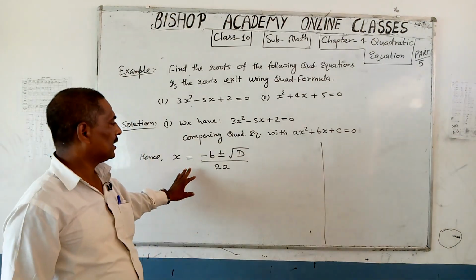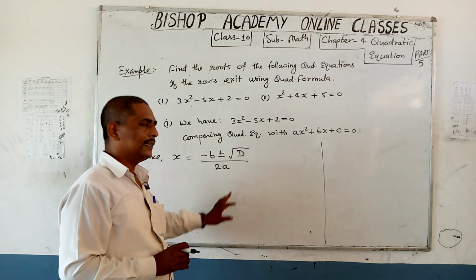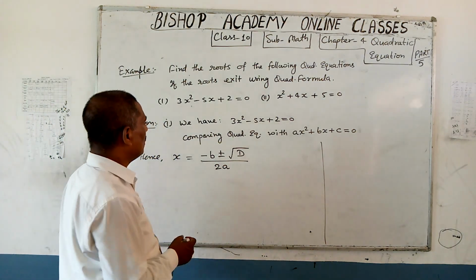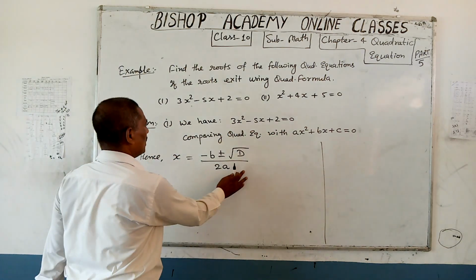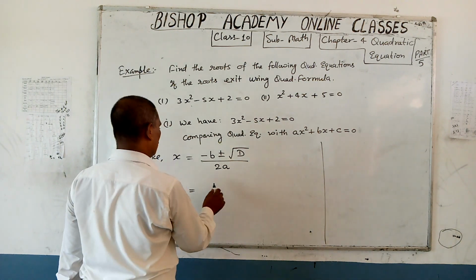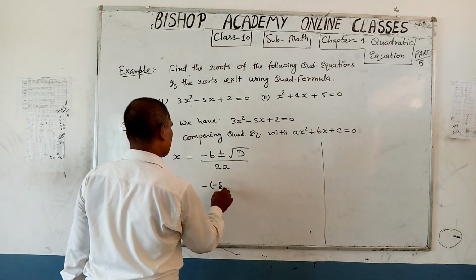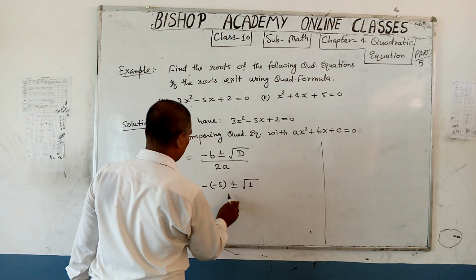Let us see, using the quadratic formula, x is equal to minus b plus minus under root discriminant upon 2a, you will find the roots of this equation. Here in the place of b you will put minus of minus 5, plus minus under root 1.